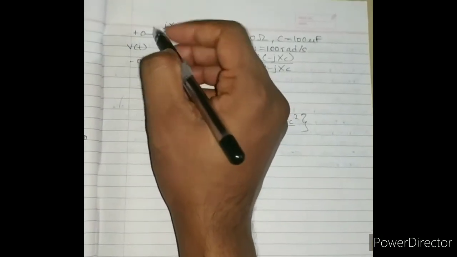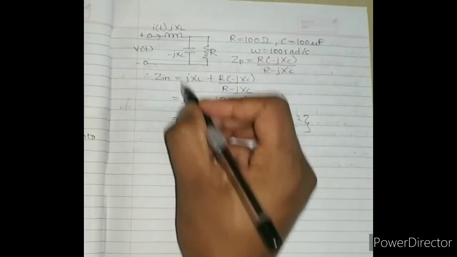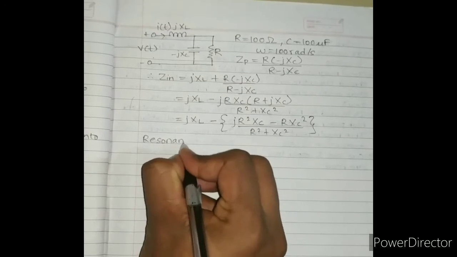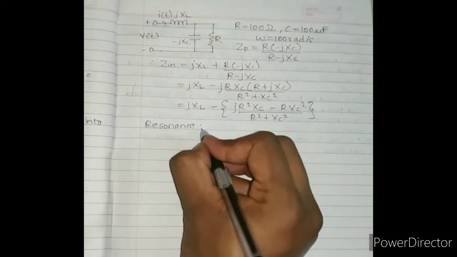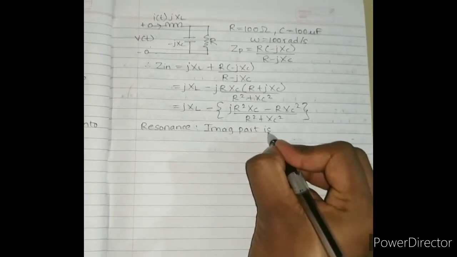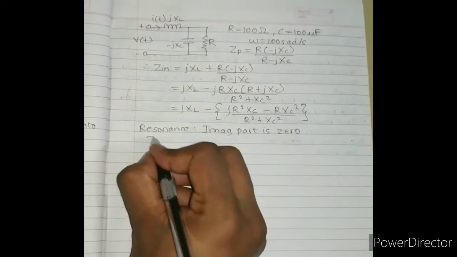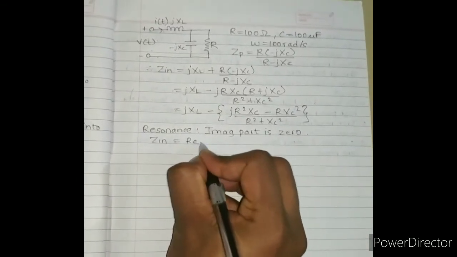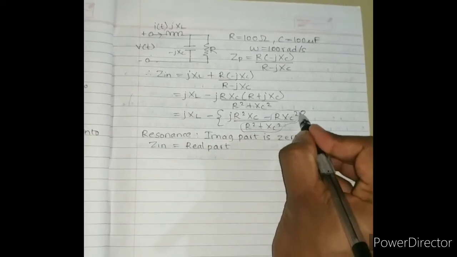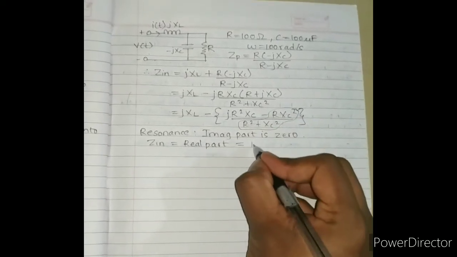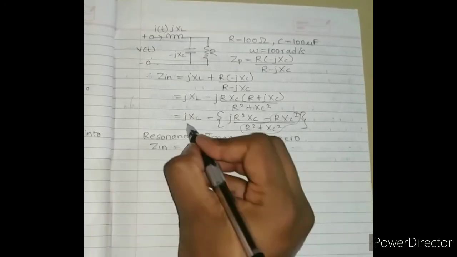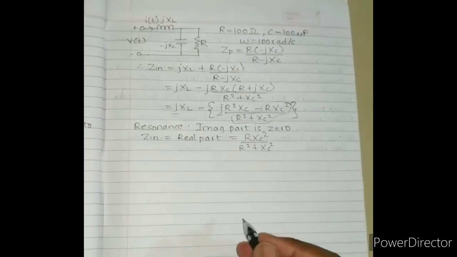Now since the voltage and the current i of t are in phase, the circuit is in resonance, and during resonance the imaginary part of the impedance will be 0. So Zin is equal to the real part, which is R XC square upon R square plus XC square, since the rest of the terms contain j and they are imaginary.